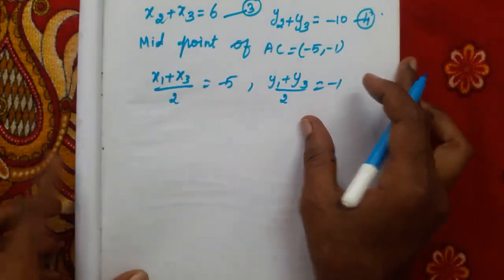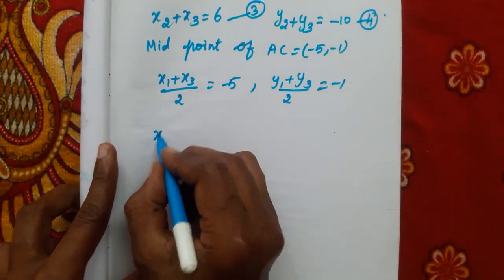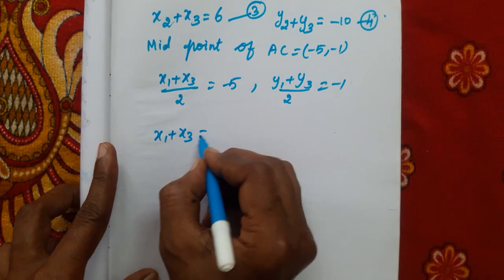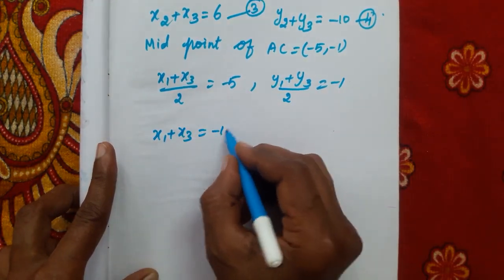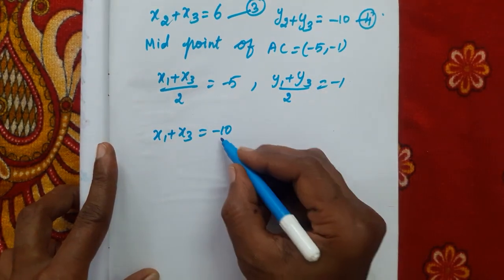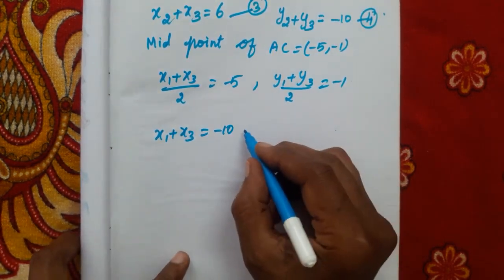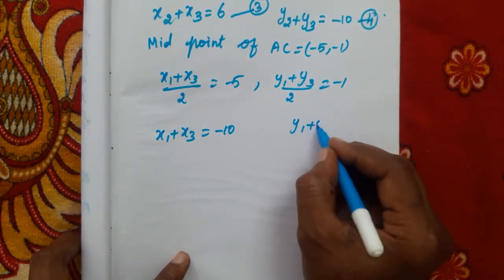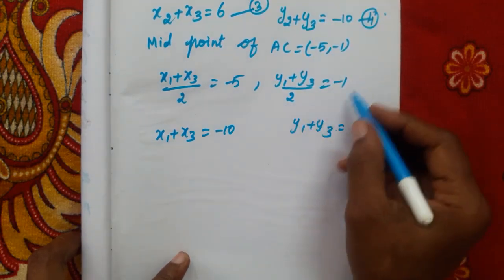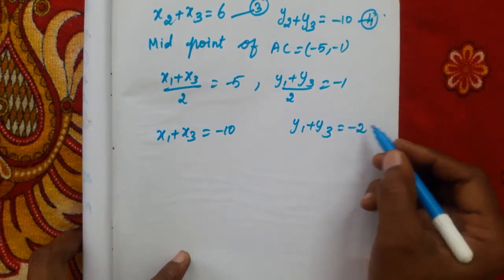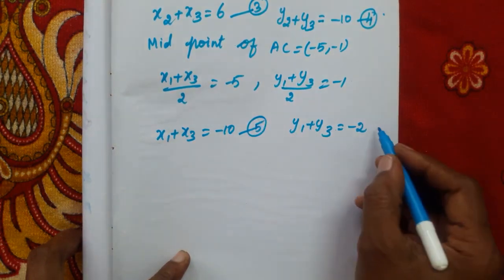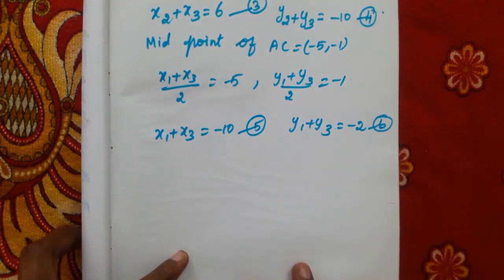From this, x1 + x3 is equal to -10, and y1 + y3 is equal to -2. This is equation 5, and this is equation 6. Clear?